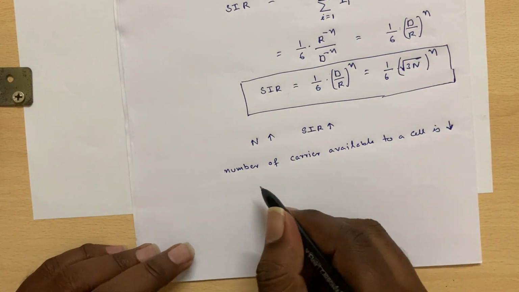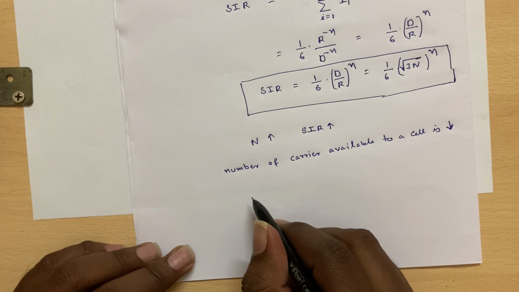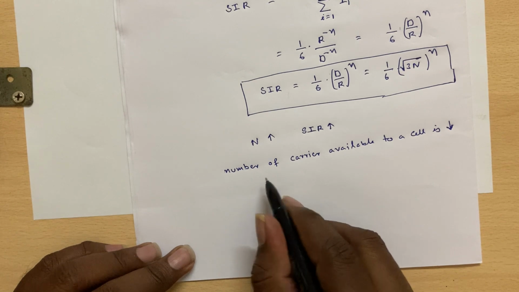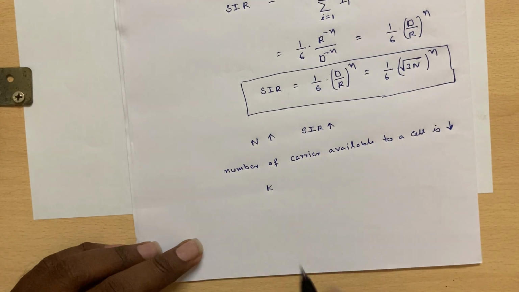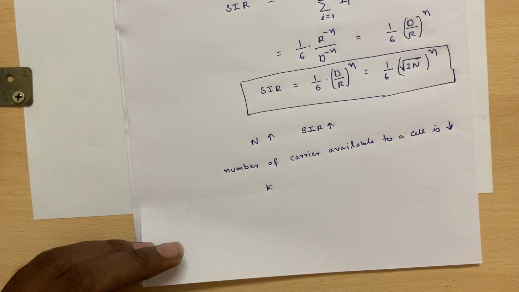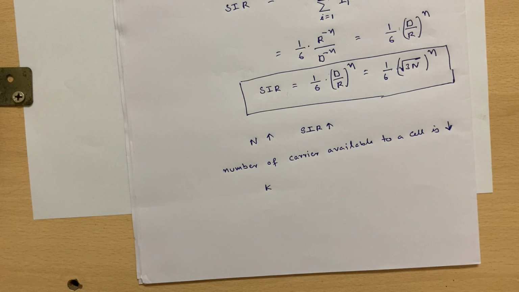The other one is what? The cluster size will be increased, and earlier we have repeated the cluster k number of times within the service area, right? So as cluster size is increased, because if, for example, n equal to 19 or 8 or 7, as compared to n equal to 3, you are going to have only a few clusters within this service area.